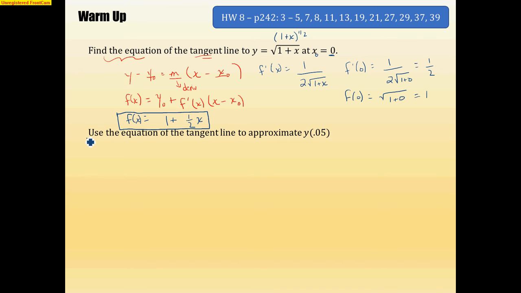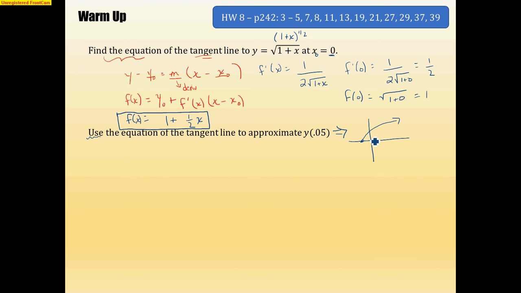Now, use the tangent line to approximate y of 0.05. Remember, we learned way back in Unit 3A that a tangent line is supposed to approximate the curve. So here is the square root of x plus 1.